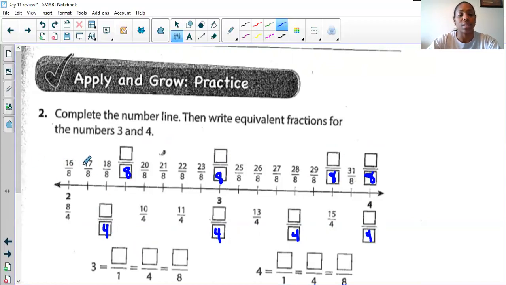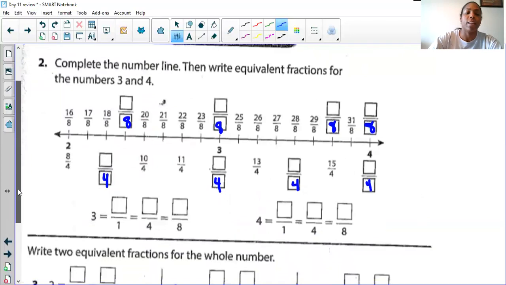So of course, the 16, 17, 18, then 20, 21, 22, 23, 25, 26, 27, 28, 29, 31. All right, and then of course we have 8, 10, 11, 13, 15.